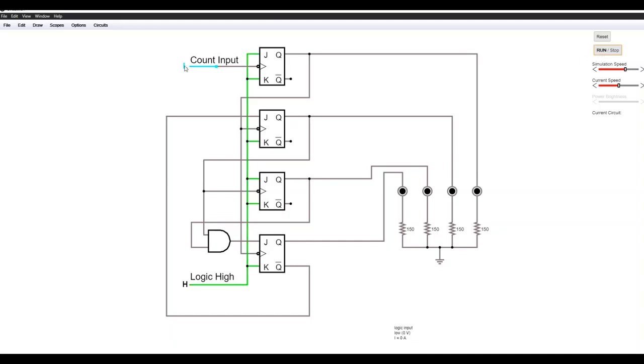Again, every time it goes from high to low, it counts for the next count. High, low. Then after 9, it should be 0. It goes back to 0. Okay, so that's it.